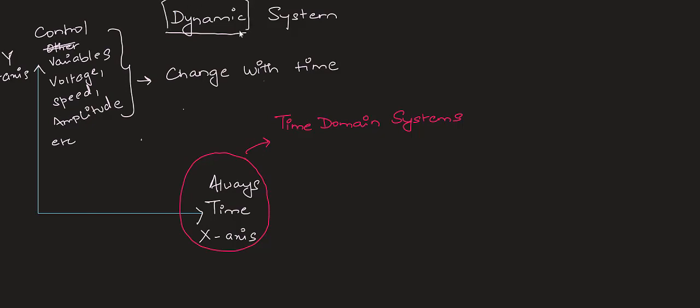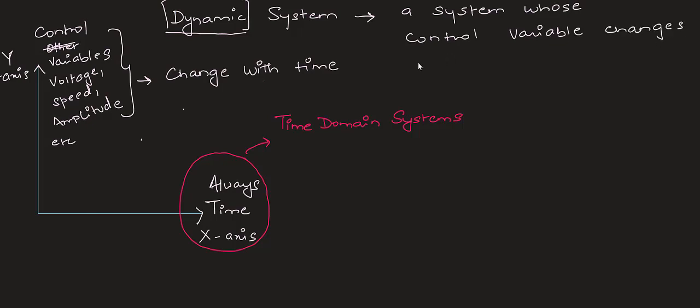The control variable changing with time means your system is adaptive, or your system is no longer a homogeneous system. So it is a heterogeneous system, or an adaptive system.